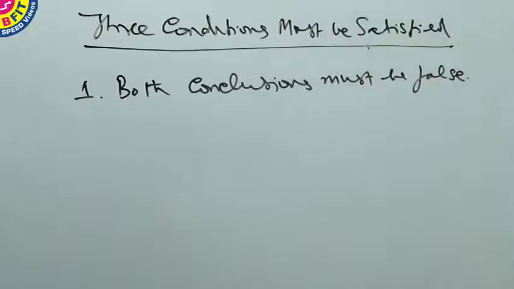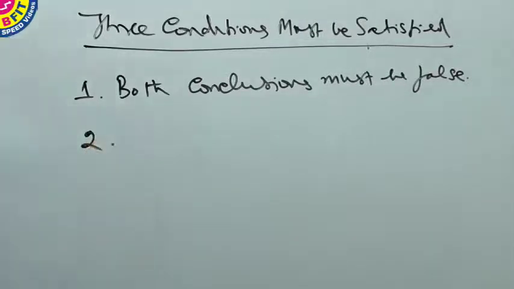The moment when you get in any of your working, two conclusions are wrong, then an alarm bell should ring in your mind. That alarm bell is called a complementary pair. Whenever you find two conclusions are wrong, immediately stop and then you have to check for complementary pair. So the first condition is both conclusions must be false.